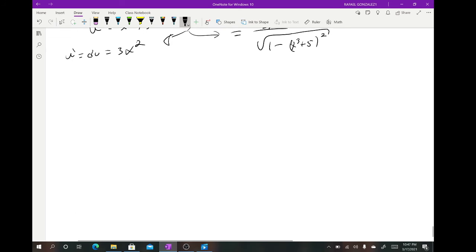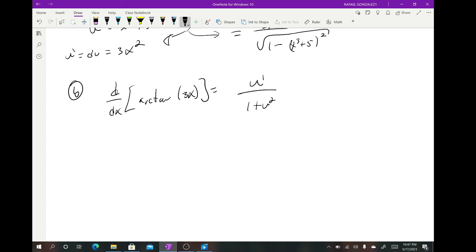Okay, that was the first example. Let's do one with tangent. So d/dx of arc tangent, let's say 3x, is equal to what? Well, the derivative of arctangent we said was u prime divided by 1 plus u squared.